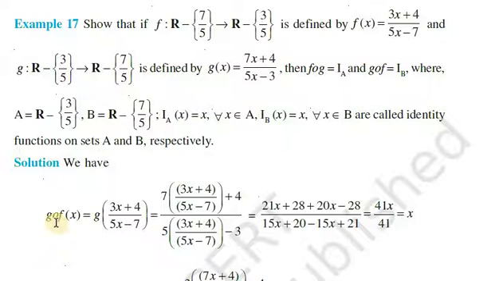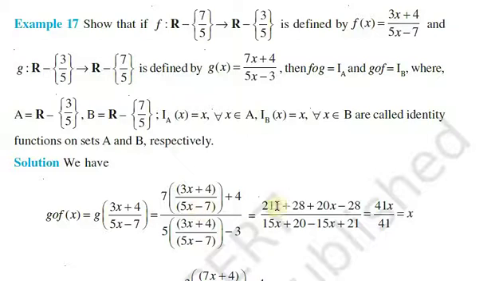So it should be g of f(x). f(x) is (3x plus 4) by (5x minus 7), so you put f(x) here. Now you have to find g of this term. g(x) is (7x plus 4) by (5x minus 3), so in place of x I have to put this whole term: 7 times this one plus 4, over 5 times this one minus 3.